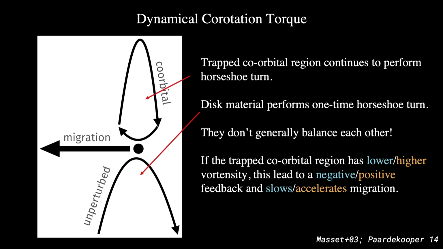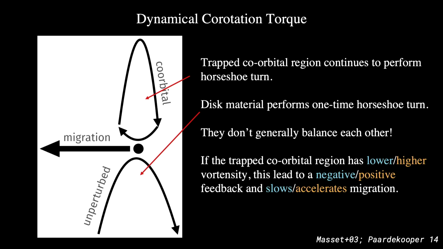And because the vorticity up here and the vorticity down here do not have to be the same, and generally disks do have vorticity gradients, that leads to an imbalance. It's been worked out, and I'm just going to give you the quick conclusion here: if the trapped co-orbital region has a lower vorticity than where the planet is right now, then that leads to a negative feedback on the planet's migration and slows down the migration rate.